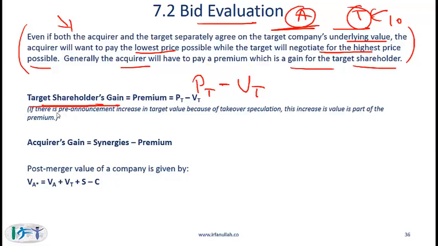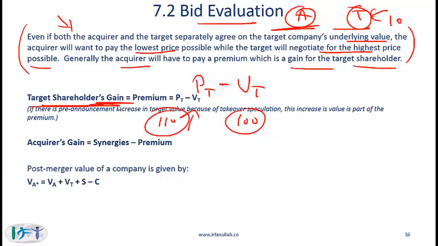A point that I've made here in brackets is something that is testable. Let's say that before any takeover discussion emerged, the value of the target company share was 100. Then maybe some news leaked that there is a potential takeover and the stock price starts going up. Let's say that one week later, after the rumors go out, the stock price becomes 110.